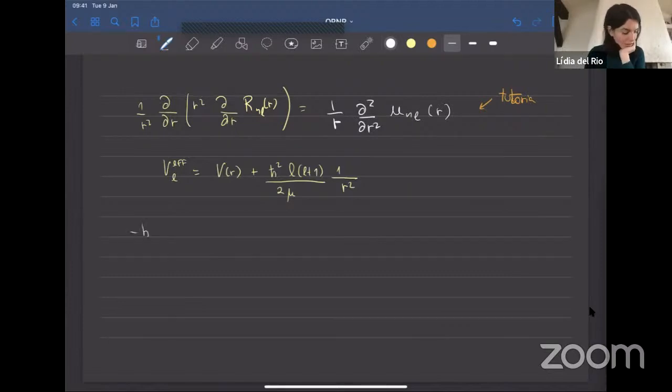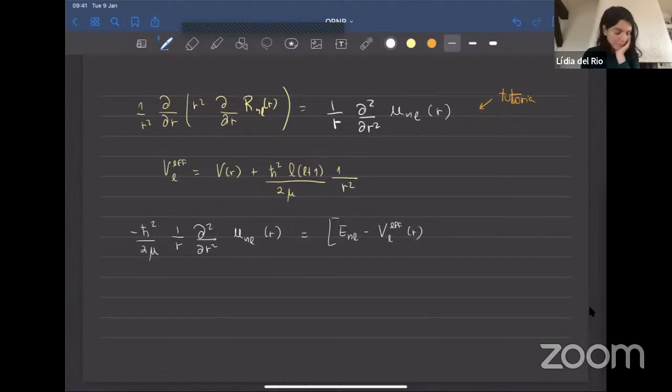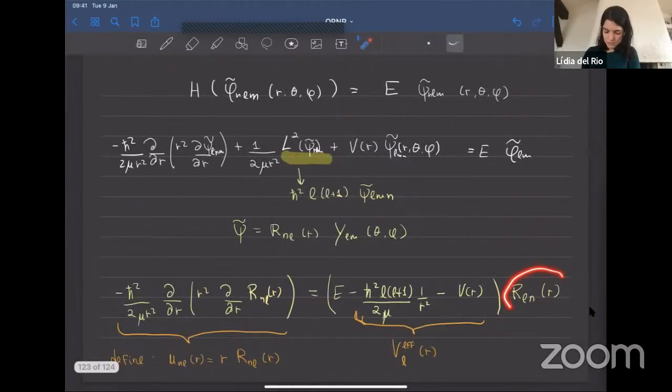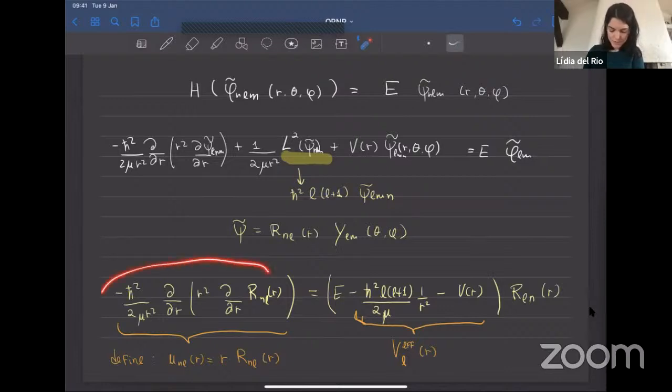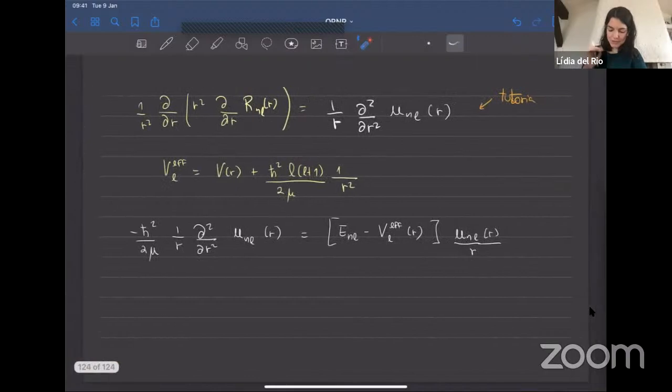So you have minus h bar squared over 2 mu, now this thing that was here, of my function, equals E_NL minus V effective of R, times U_NL of R over R. Because we define U_NL like this, then R is going to be U_NL over R, and this whole thing we simplified on the right, so it's a bit more treatable.